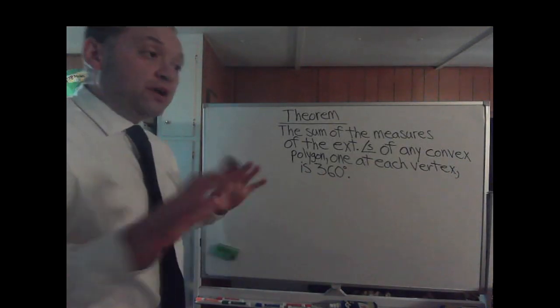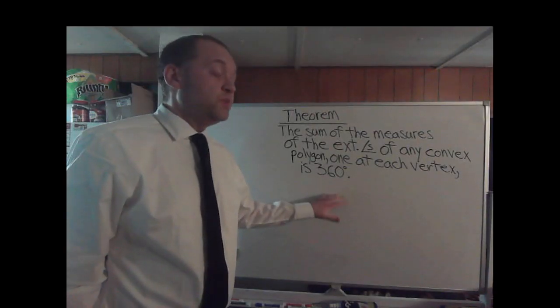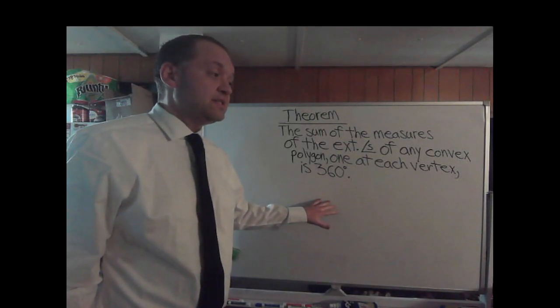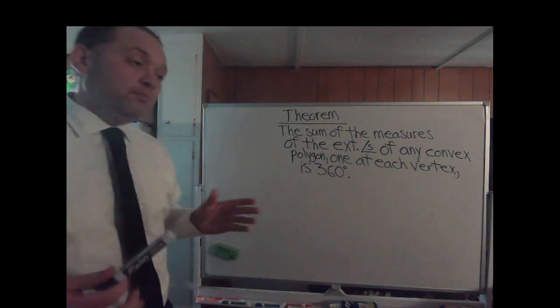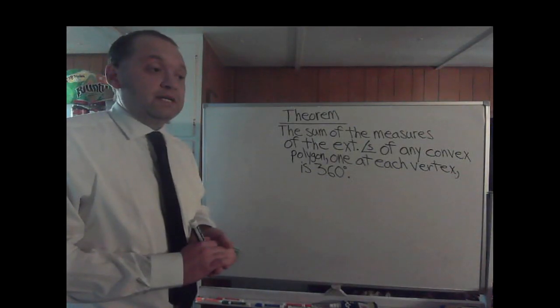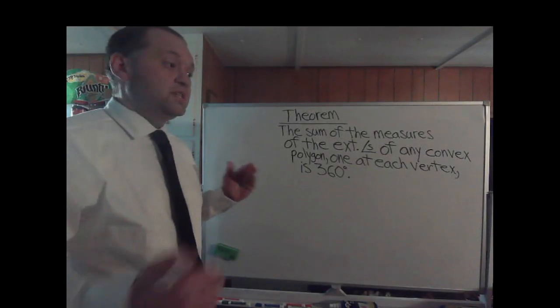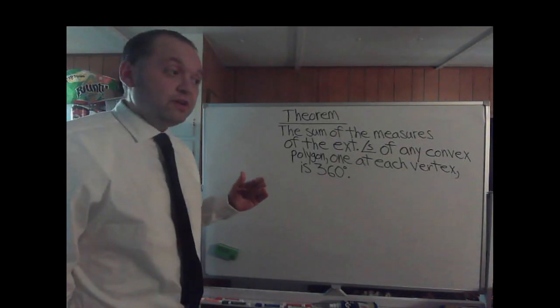So it doesn't matter how many sides it has, the sum of the exterior angles will always be 360 degrees. For those of you that remember, the measure of a circle is 360 degrees. Very interesting, which when we get into circles and talking about that, there's some theories about that.